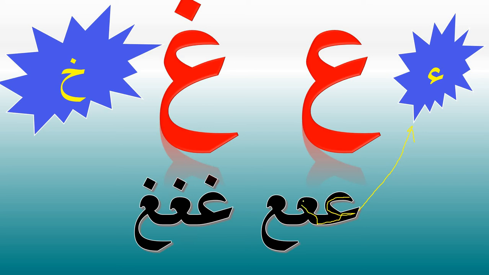This is Ayn in the middle, looks like an upside down triangle. And this is Ayn at the end, also an upside down triangle, but with this C shape at the end. Ghayn is the same thing, but the only difference is the dot. If I write Ayn and Ghayn unjoined, I will find them looking like their original shape.